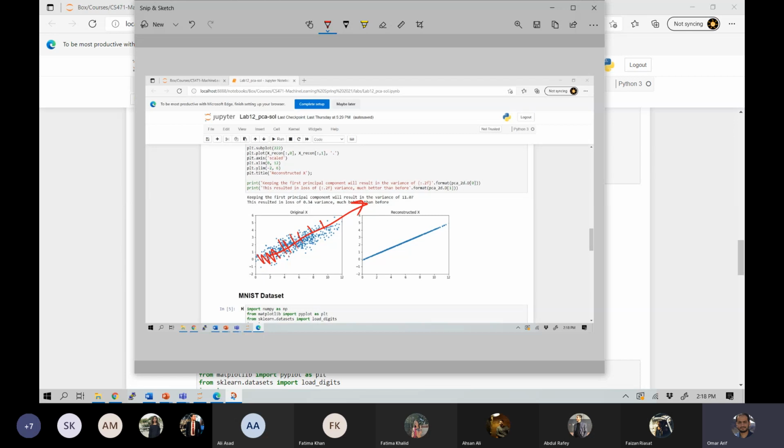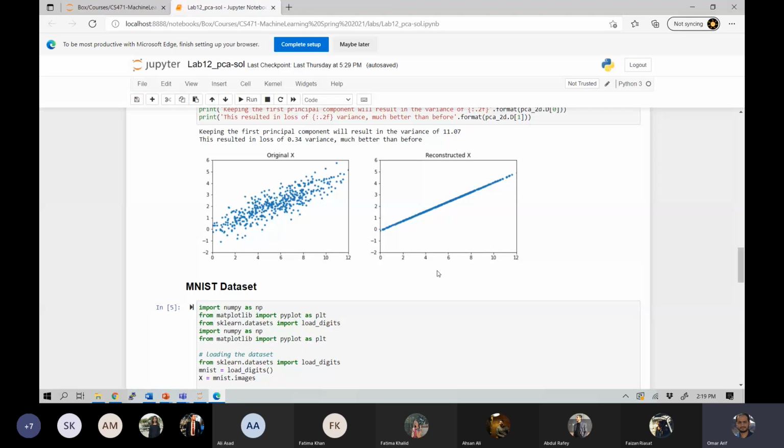This is your principal component, so the variance along the second component, in this direction, you're going to lose that, everything would be projected onto the line. So when you reconstruct, this is the reconstructed data set. Okay.